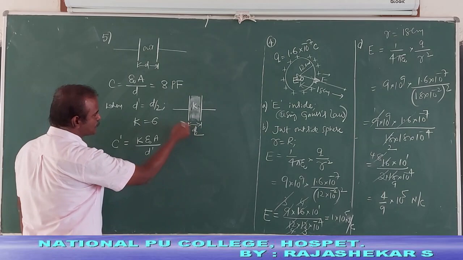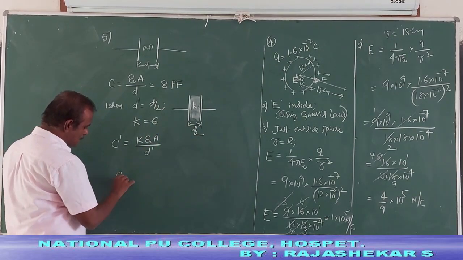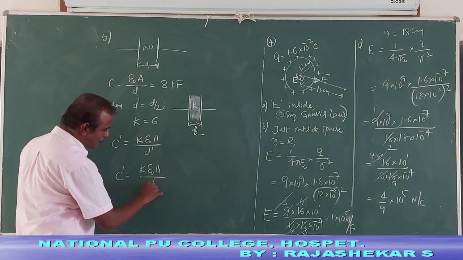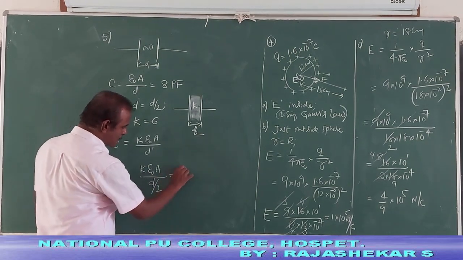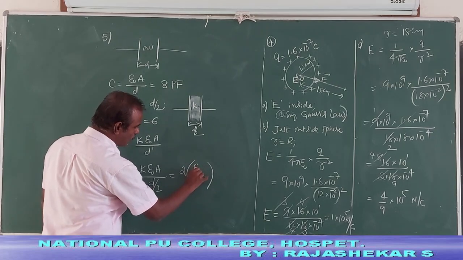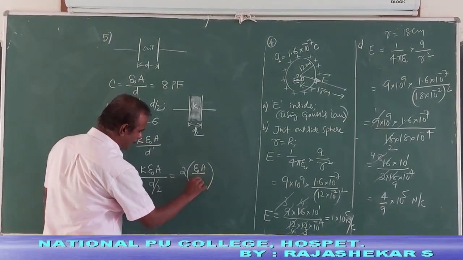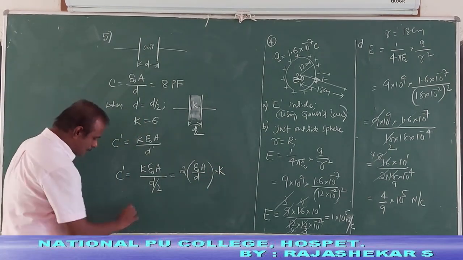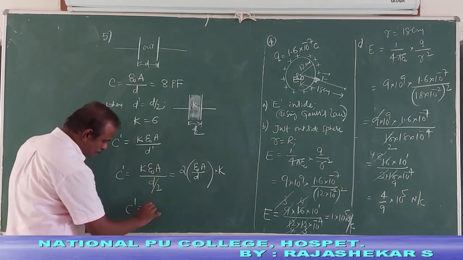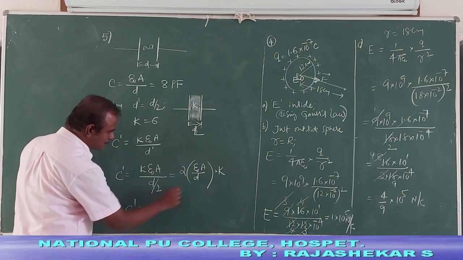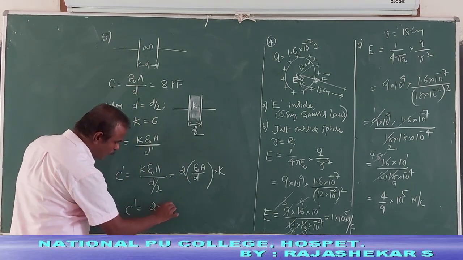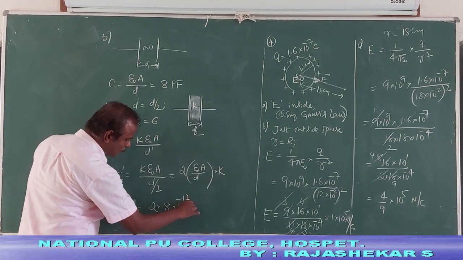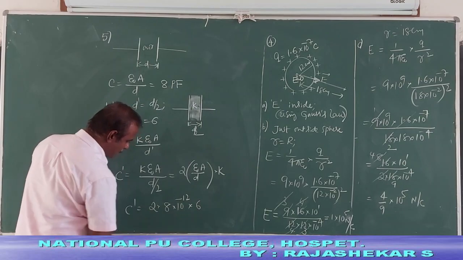What is d dash? d by 2. C dash is equal to K into epsilon naught A by d by 2, which is the same as 2 into epsilon naught A by d into K. Remember, 2 into, what is epsilon naught A by d? 8 picofarad, 10 power minus 12, into K value given 6.